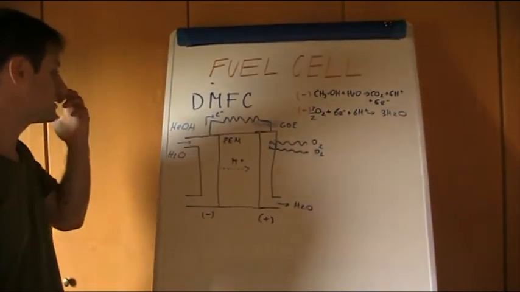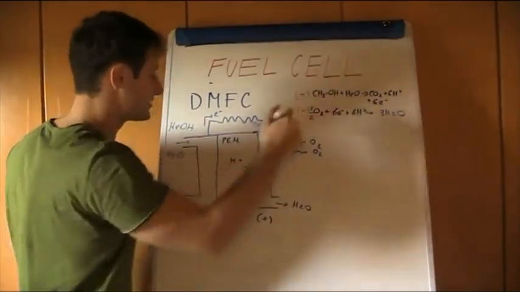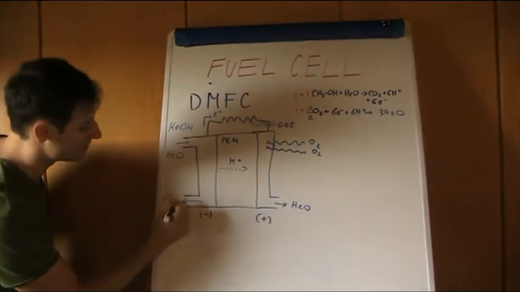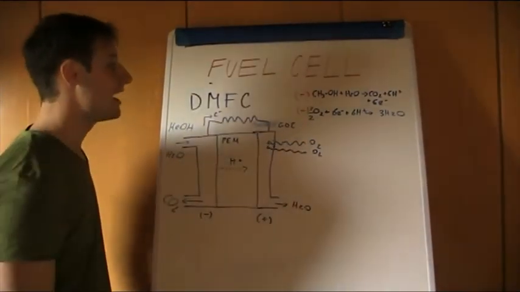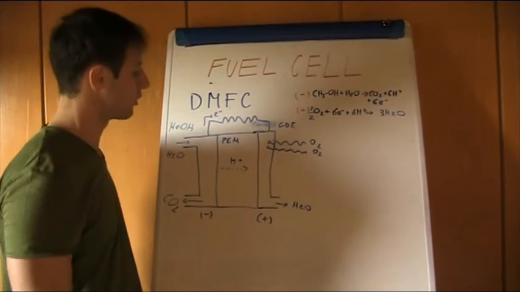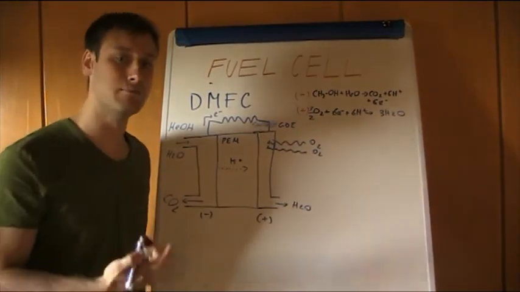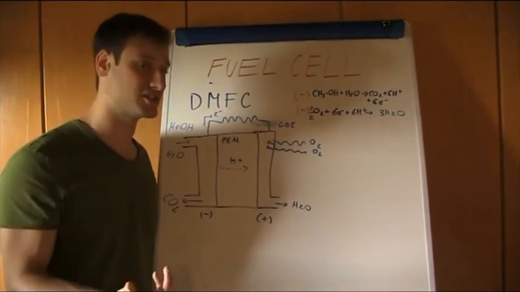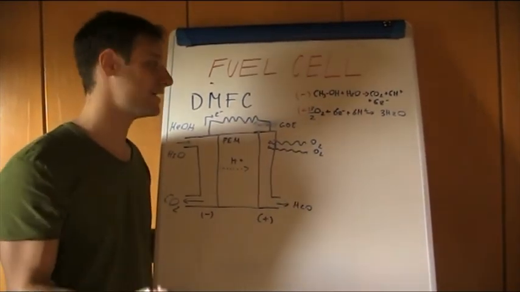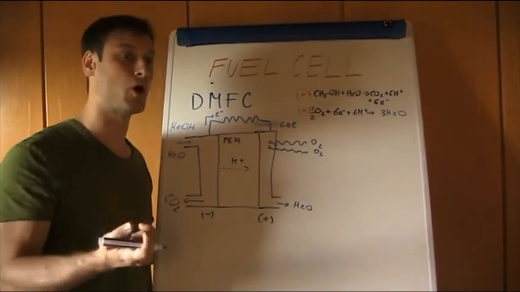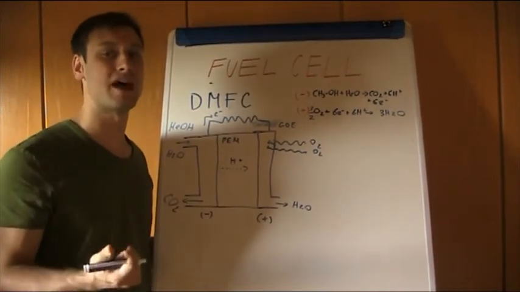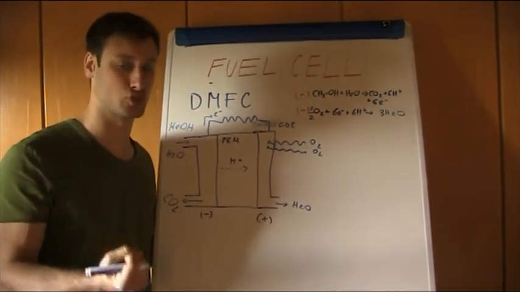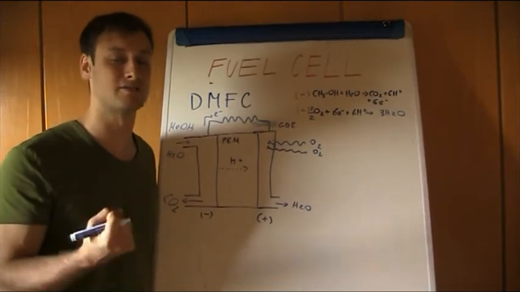What is important is that in the oxidation step, as a byproduct, we have the formation of carbon dioxide that is removed. And this is the reason it's so important to use electrodes that are not only in platinum, but also in rhodium. The rhodium, even if it's quite expensive, is necessary in order to decrease the poisoning effect due to the presence of CO2 that could be absorbed on the surface of the platinum catalyst particles.